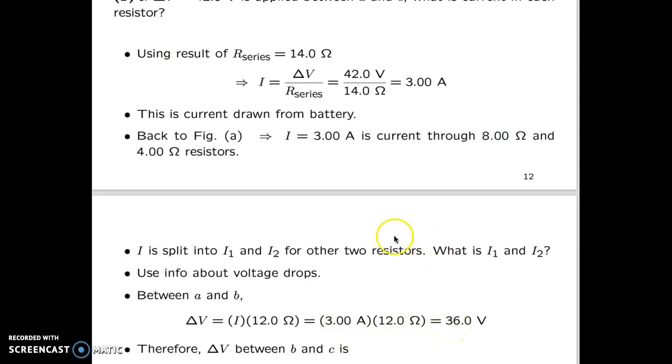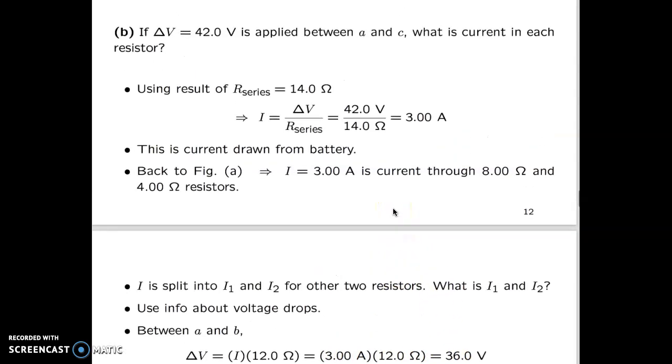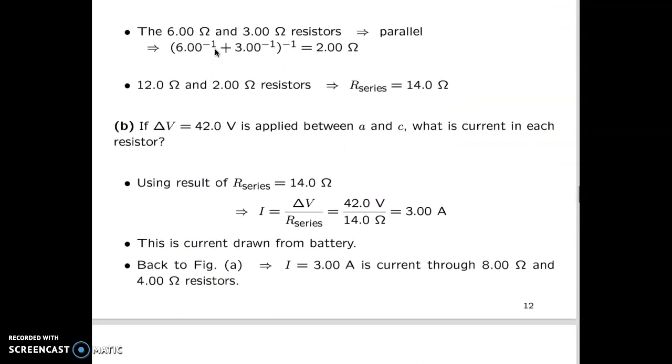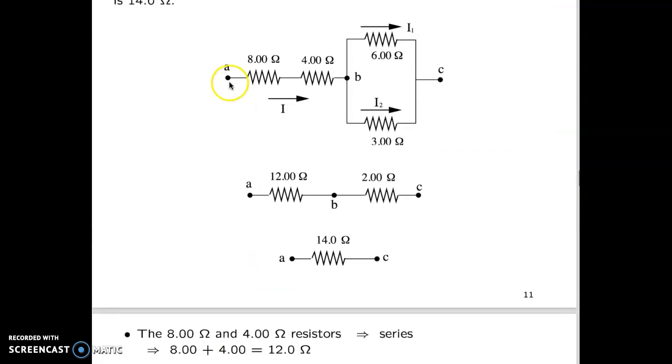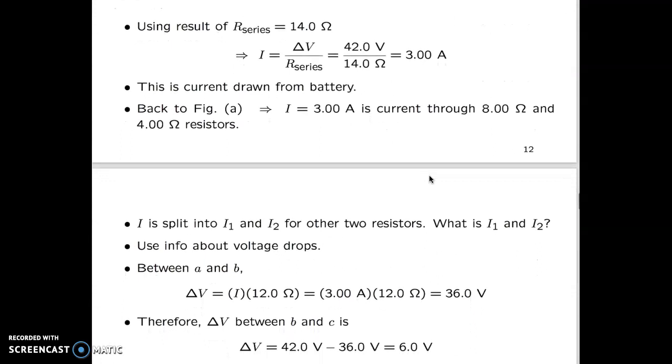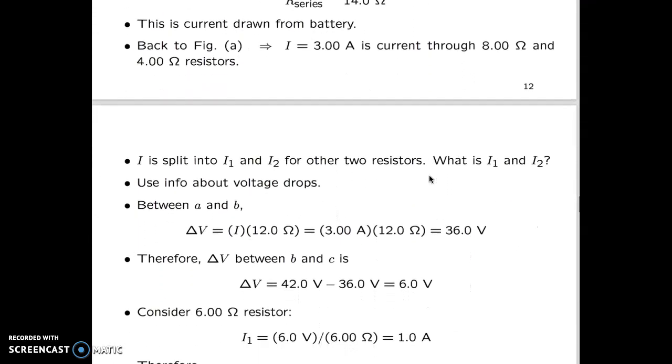And we know that the total potential difference is 42 volts across everything. So that means what we've just shown is 36 volts between A and B, and well, we know that there's 42 all the way from A to C. So if I take the difference between those two potential differences, that should tell me the potential difference between B and C. Kind of maybe a little hard to follow if you're just listening, but try to write it down and hopefully it'll make sense.